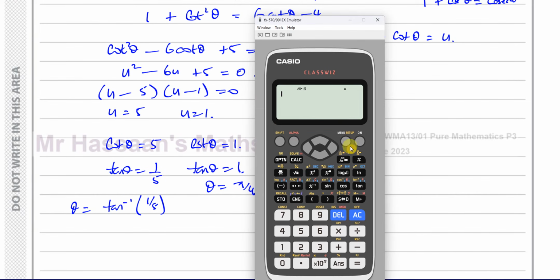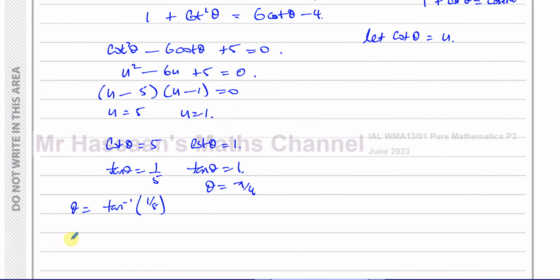So let's take our calculator, make sure that we are in radian mode, inverse tan of 1/5. And that gives us 0.19739. So theta equals 0.19739 radians. To 3SF, theta equals 0.197.